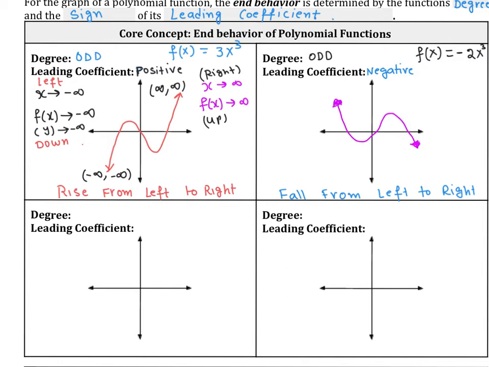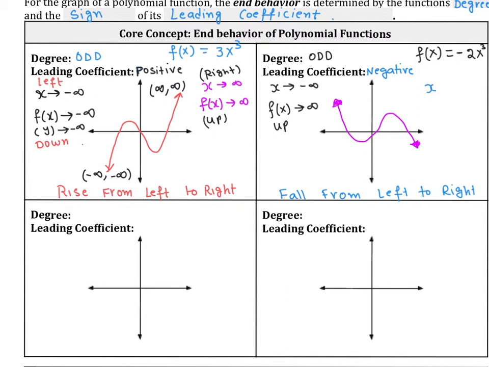Let's start with x approaching negative infinity. On this side of the graph, y is going up and up and up. So y is approaching positive infinity. It's going up when x is going to the left.